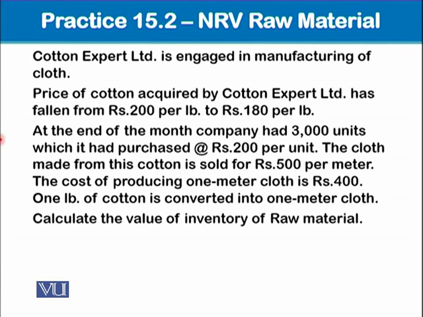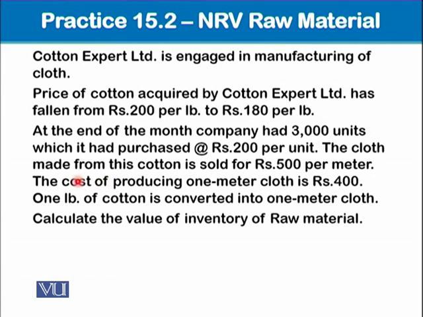This is the price for the cotton, meaning the raw material. At the end of the month, the company had 3,000 units which it had purchased for 200 per unit. That was its cost of buying these 3,000 units of inventory.